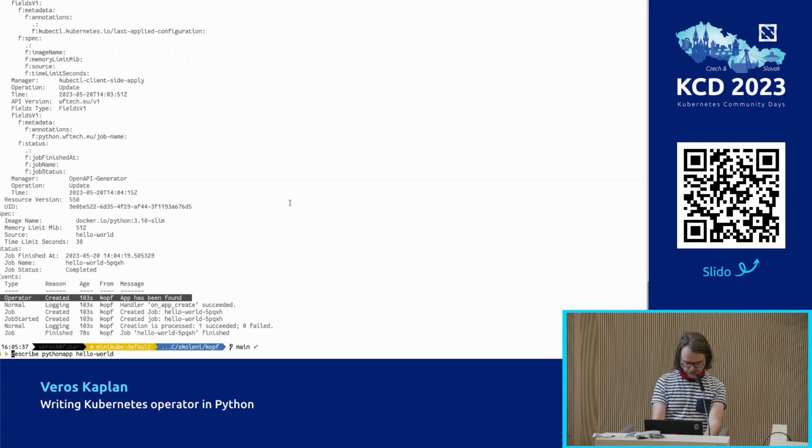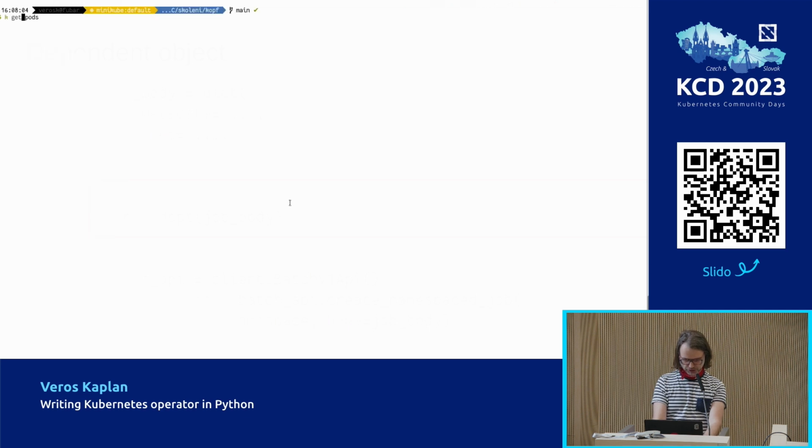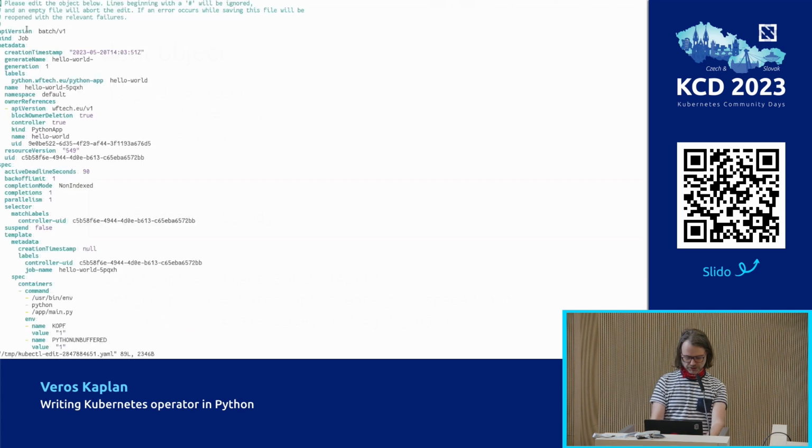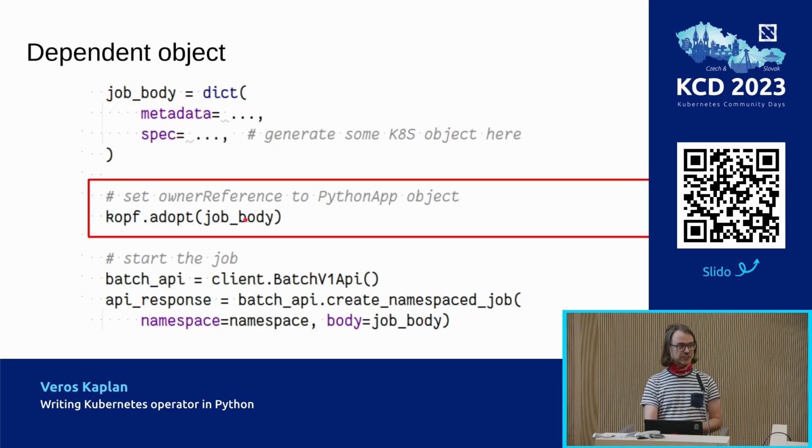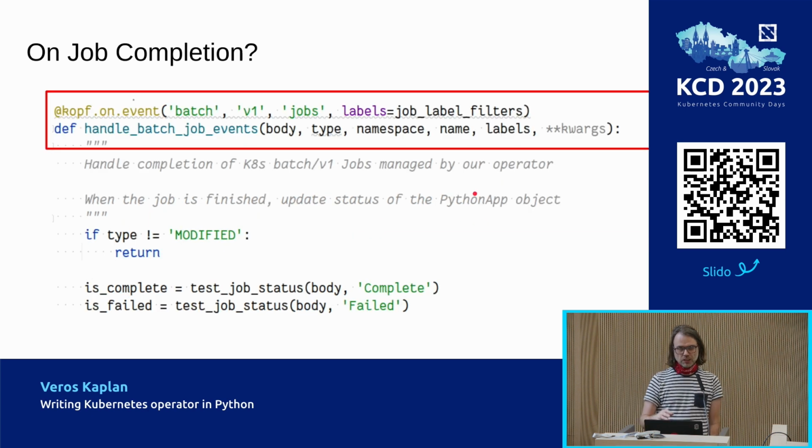I can say kube control get job, kube control edit job. We can see I would like to create owner references like this. In the raw Kubernetes API, it's ugly to set these objects. In Kopf, I will just say, please adopt that object. It just sets the references.